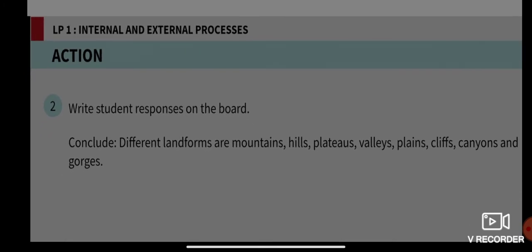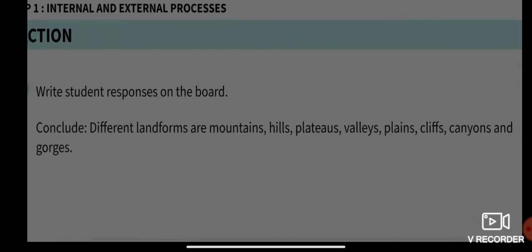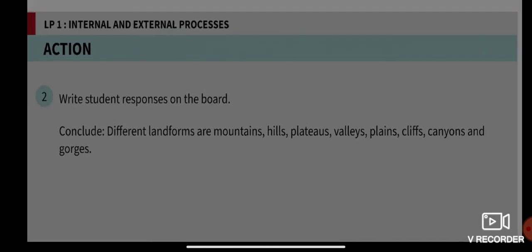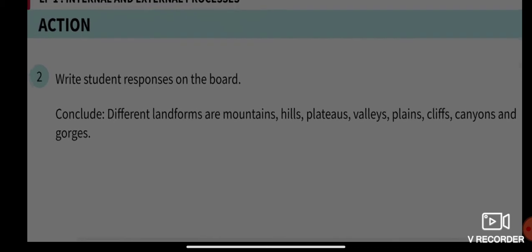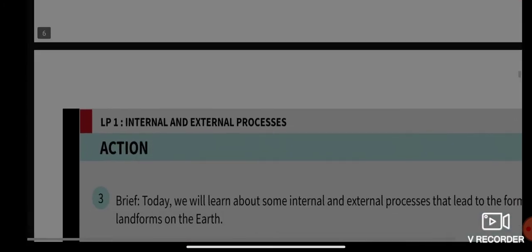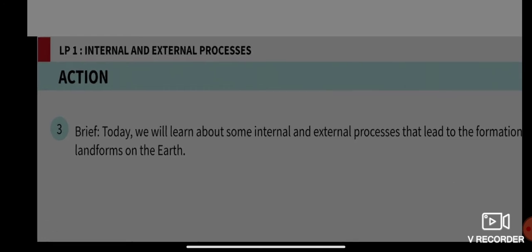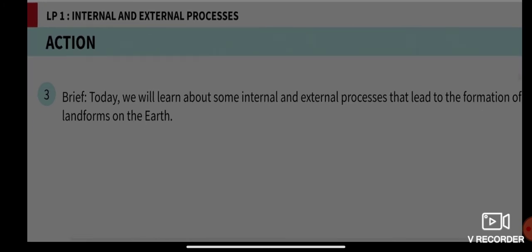They are known as the different landforms that we have on earth. Now today we will learn about some internal and external processes that lead to the formation of landforms on the earth.